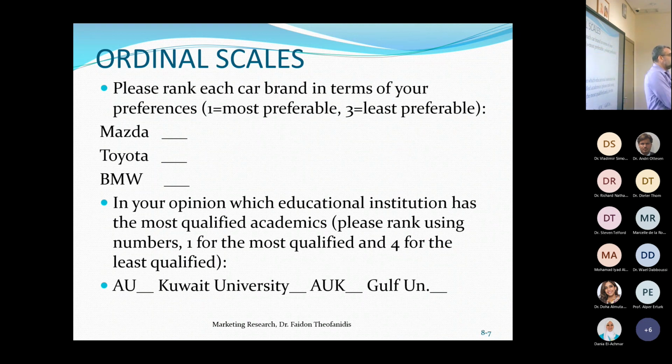When I'm putting properties in a hierarchy, I cannot calculate the difference between the preferences. I just know the hierarchy: first, second, third. But I don't know the distance from the first to the second, or from the first to the third. That's the problem.